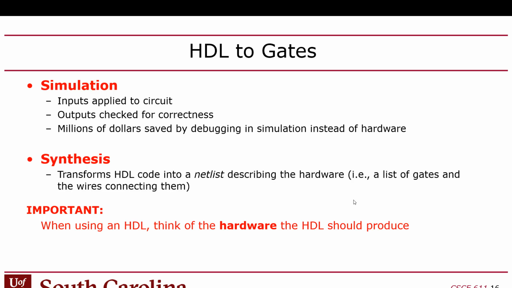Questasim, which used to be called ModelSim, which is now owned by Siemens, previously owned by Mentor, and previously before that owned by a company called Rhinosoft. So one of the issues with CAD tools is that they tend to be bought by progressively larger companies, right? But the point is that this tool is industrial strength.